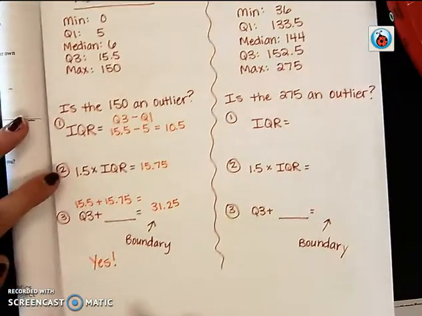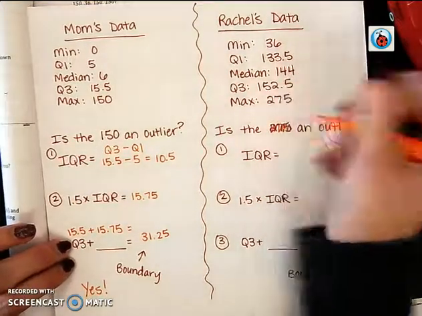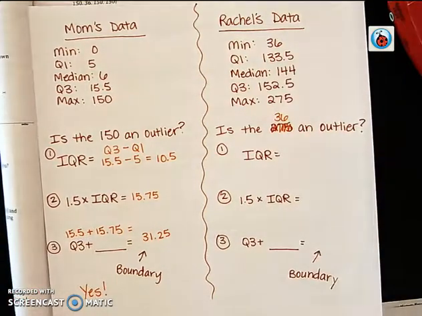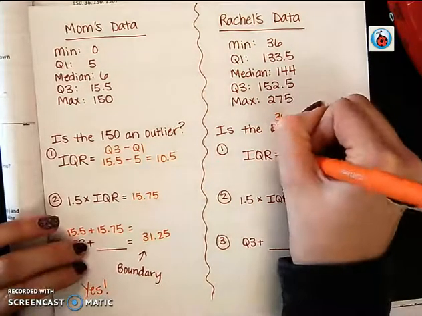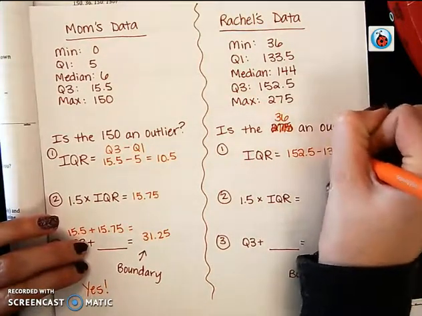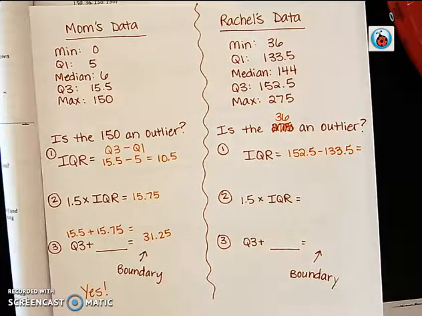Now let's look at Rachel's data. We actually decided that the 275 is probably not an outlier, so we're going to test the lower 36 instead. We're going to start by following the same exact steps. We're going to find the IQR, which is 152.5 minus 133.5, Q3 minus Q1.